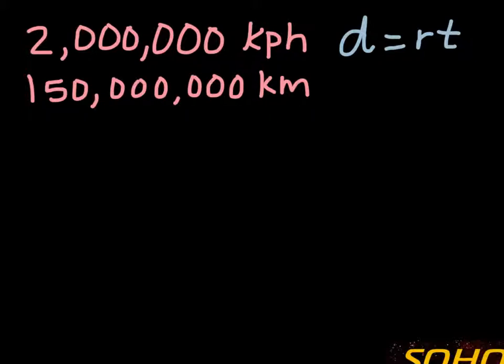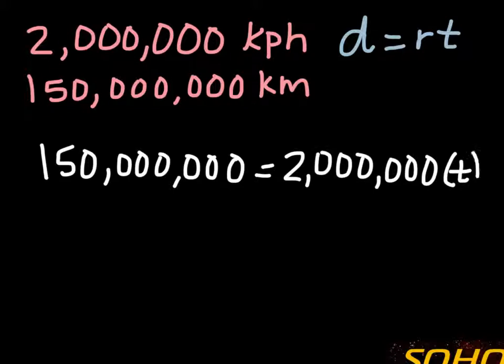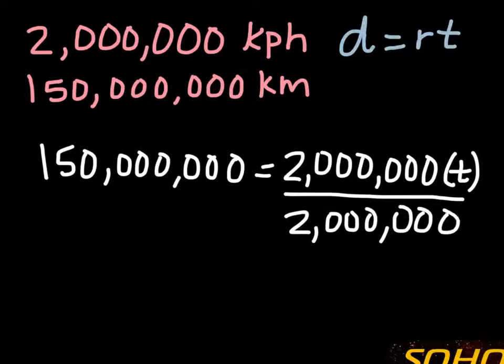If t represents the time in hours it took the solar wind to reach the Earth, then we would write 150 million equals the rate, which was 2 million, times time, t. So in order to isolate t, we need to divide each side of our equation by 2 million.